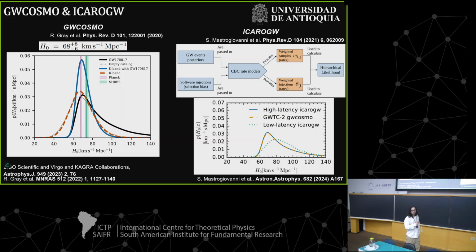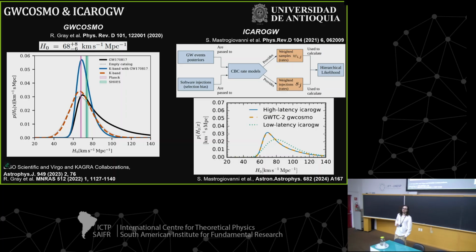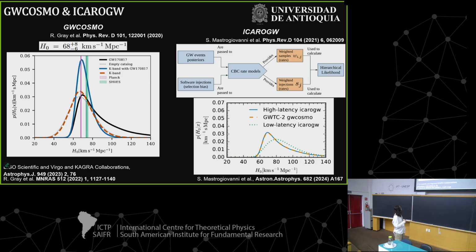Now, the two pipelines that are used by the LIGO-Virgo collaboration in order to constrain these cosmological parameters are GWCosmo and ICARO-GW. At the beginning, these pipelines were implementing two different methods.